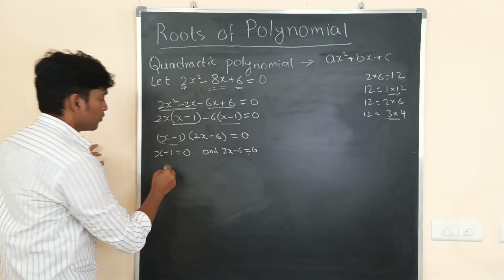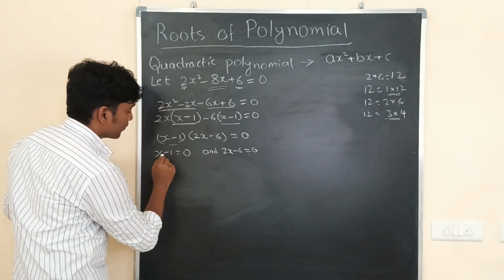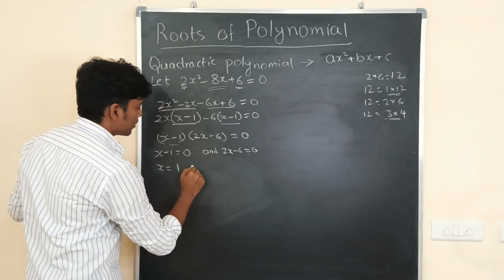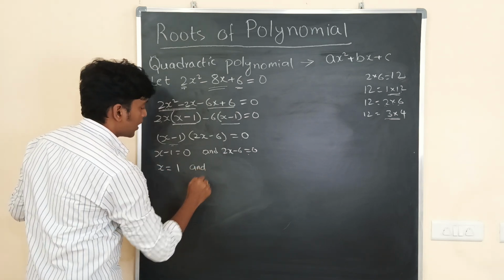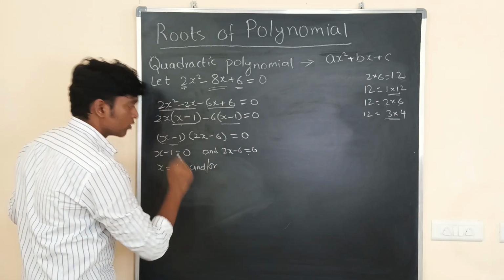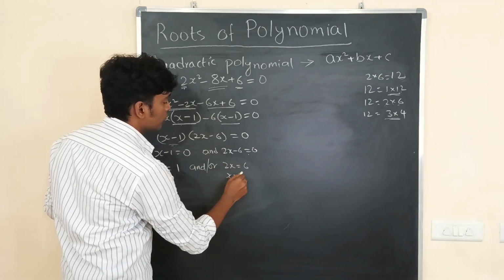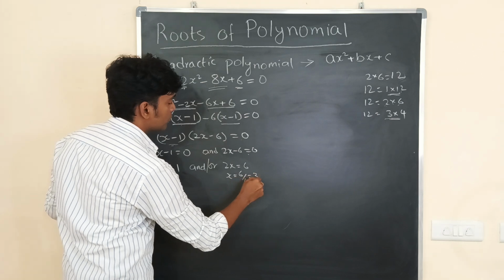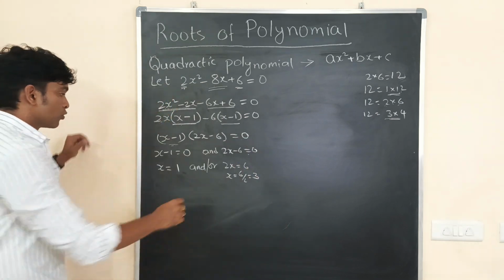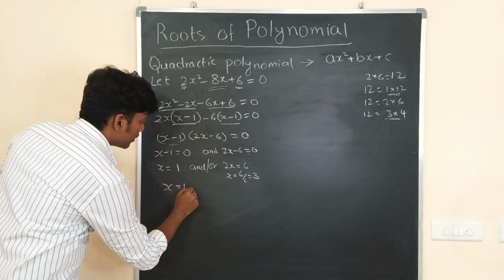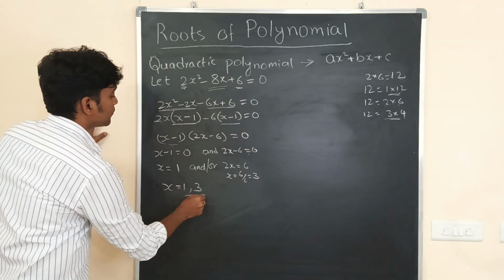So x minus 1 is equal to 0 means x equal to 1. Or also 2x is equal to 6, so x is equal to 6 by 2, which is 3. So we have the roots as x is equal to 1 and 3.